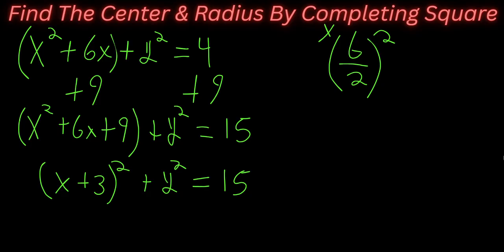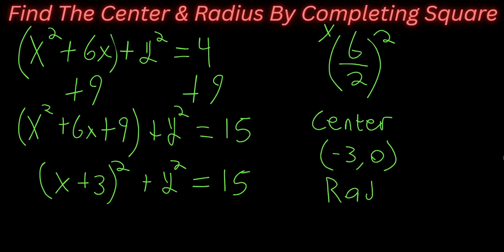And now we've gotten to standard form, where we can use our knowledge of reading equations to find that the center is, the x is negative 3 and the y is 0. That's the center of our circle, and we find our radius. As you remember, our term over here is our radius squared. So we have to find the square root of that. So it's the square root of 15.